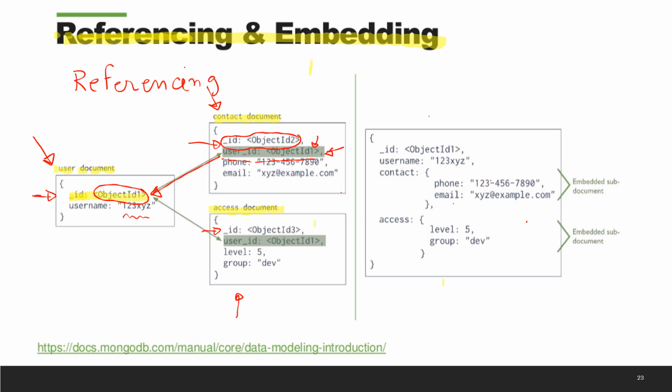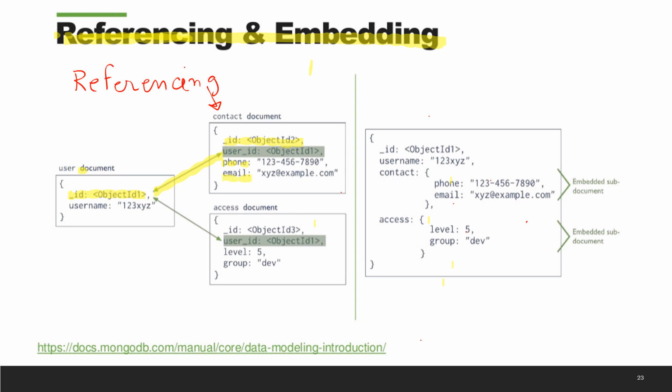Let me remove some of this, otherwise we cannot follow things easily. We have ObjectID 1 for the user, and then we have ObjectID 2 for the contact document. But inside this contact document, it has a user ID field which refers to the user ObjectID 1. And of course it has some other fields such as phone, email, and so on.